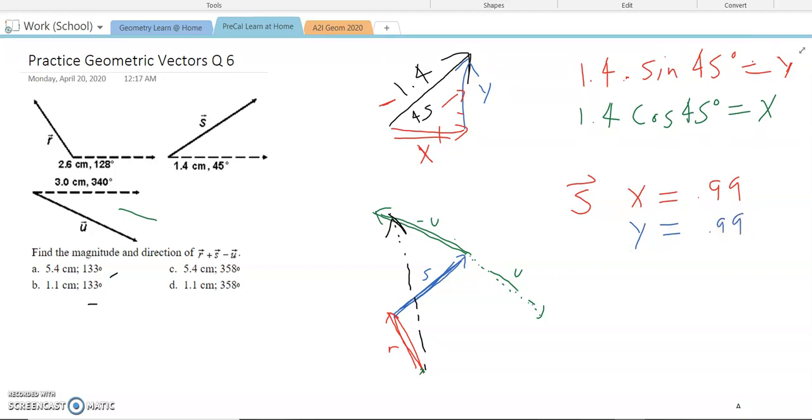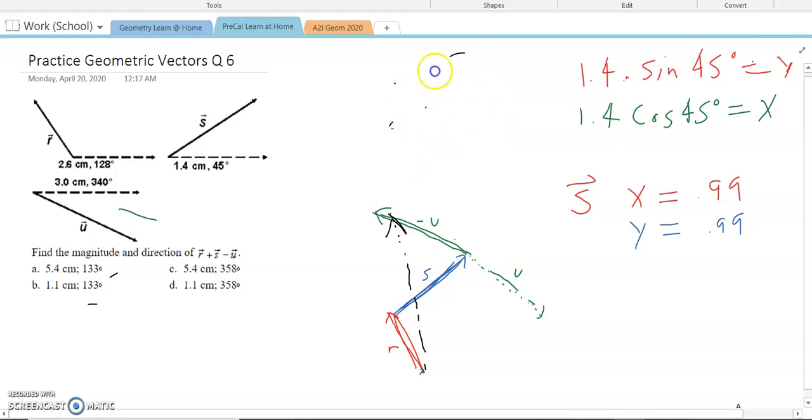If you do this for the other ones, let's do R. That should be an easy one. For the vector R, to get your x value and y value, let's start with x. X is going to equal 2.6 times cosine of 128.